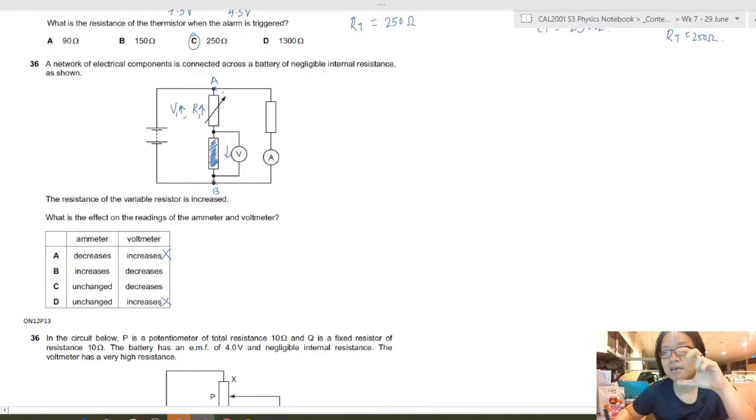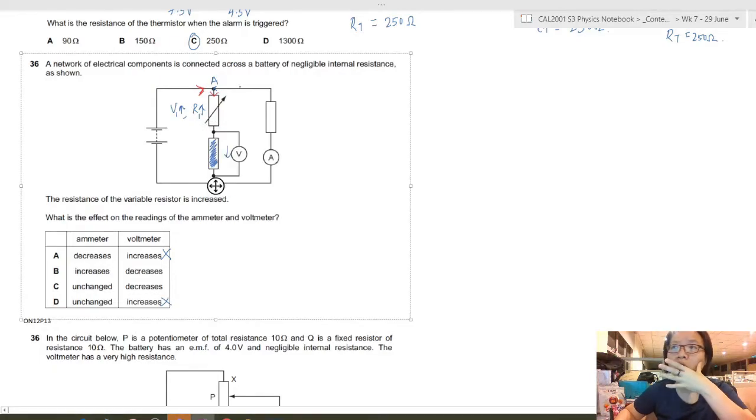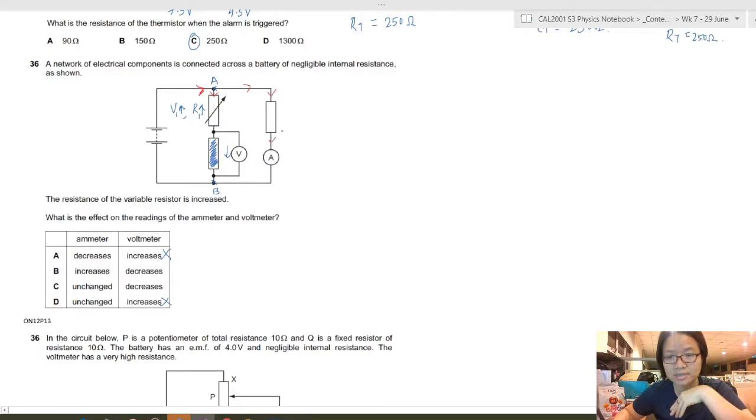Meaning to say, now the current, let's think about your parallel circuit. When your current reaches this junction A, it might be thinking, I could turn now and encounter a lot of resistance, or I might choose to go ahead and encounter less resistance.